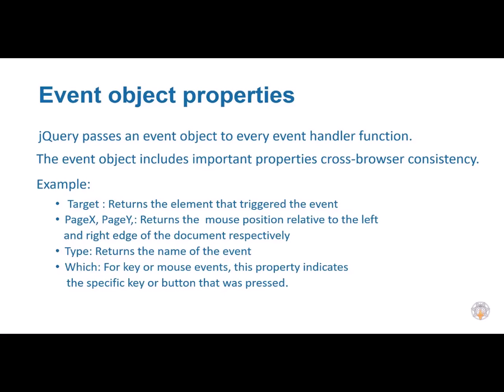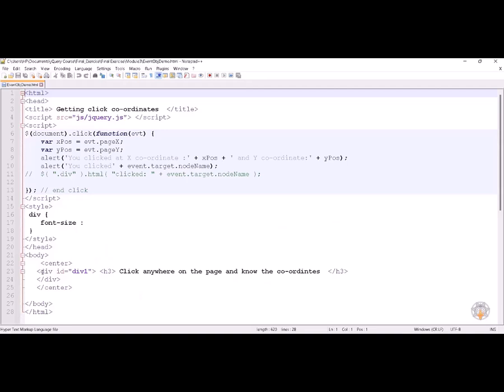To understand how the event object properties work, we will see a sample demo code. In this demo, the user is asked to click anywhere on the page to know the coordinates where he has clicked. To display that through the jQuery code, we use event properties of pageX and pageY. Here, evt is the event object.